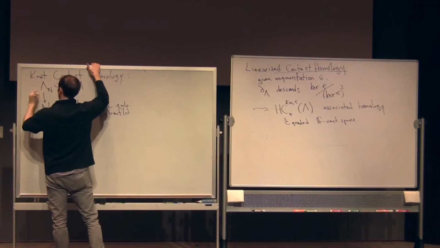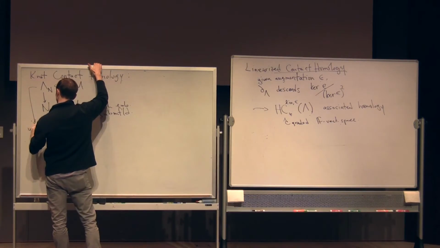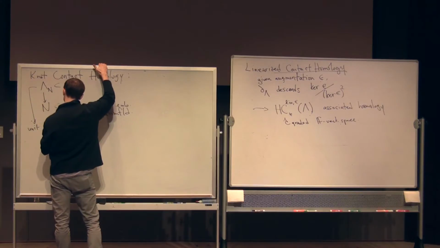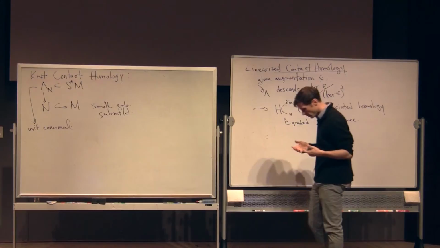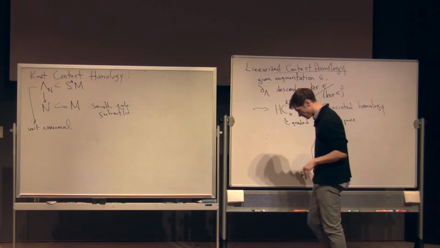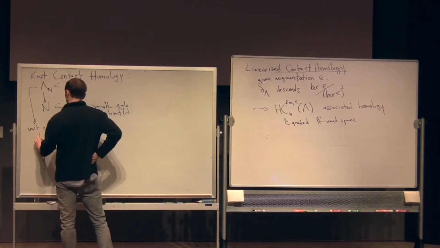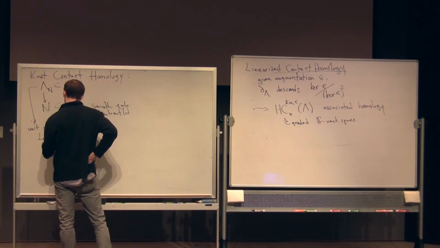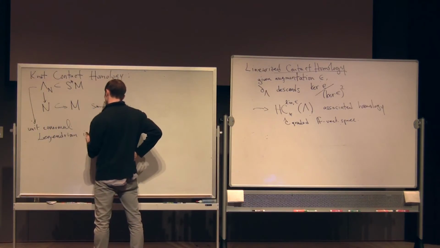So we have this unit conormal lift, which is just the collection of covectors which annihilate the tangent directions to N, which are in this unit cotangent bundle. And this is Legendrian in the standard contact structure.